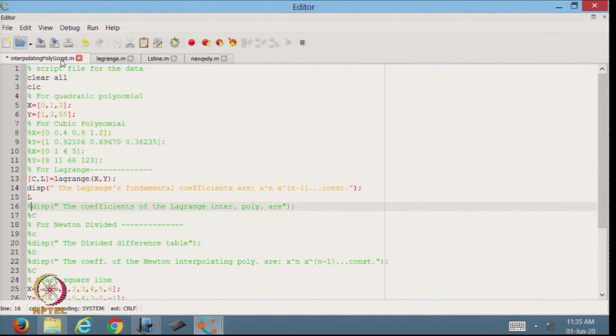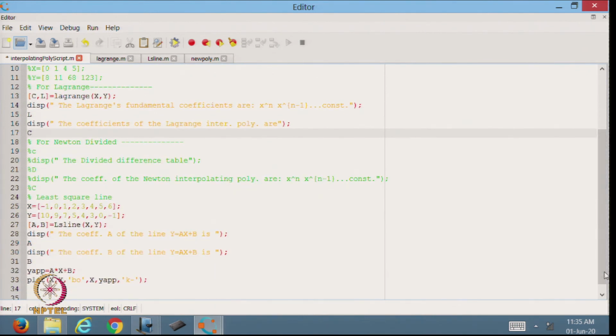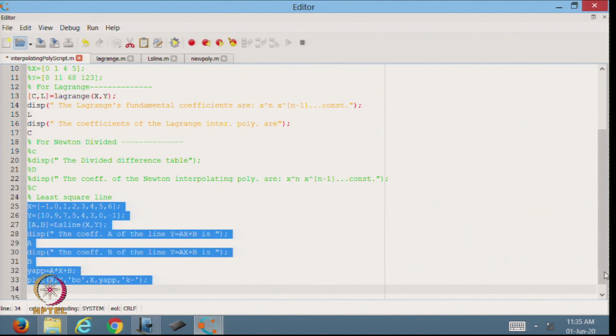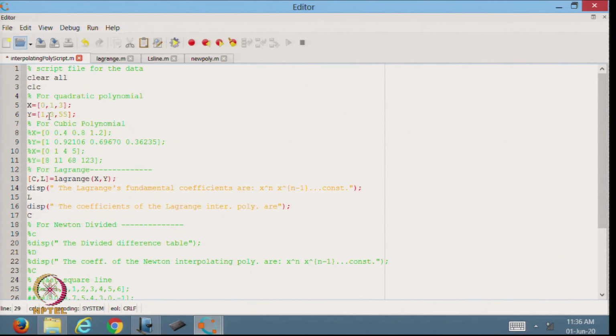Generally I make script files so that I should be able to reuse them. I have added the comment. So, I have the values of x and y, and then I want to find this one. So, let us run this one.